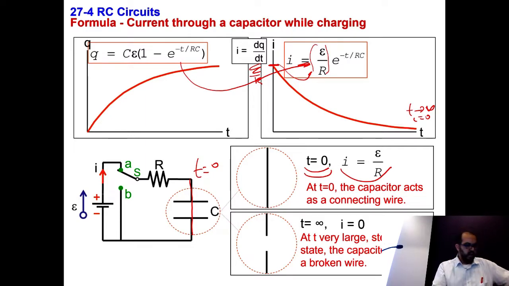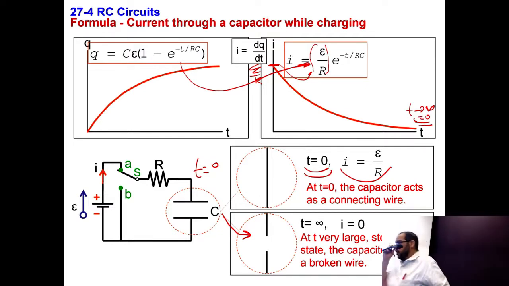Okay, at t equal to infinity, you can assume the capacitor acts like an open circuit, meaning as if there is a broken wire. So I can assume at t equal to infinity as if there is no connection here. This is what we're symbolizing here. That means there is no current flowing in the capacitor, and we know at t equal to infinity the current has to be equal to 0.